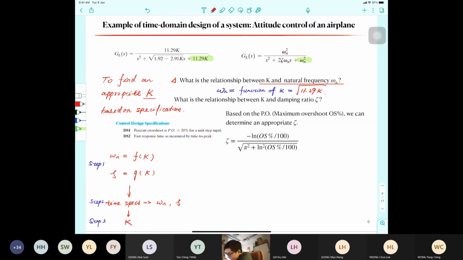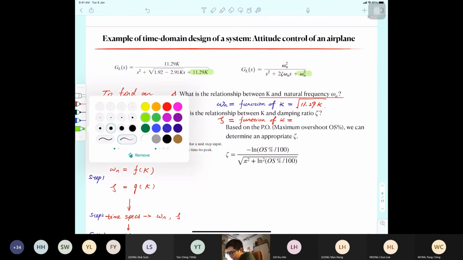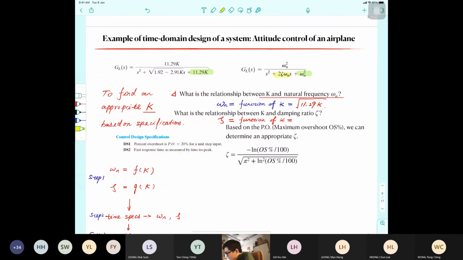What is zeta? Zeta equals to a function of K. What is zeta? Can you find it? I give you 3 minutes to find zeta. We know here 2 zeta omega n equals to this k, right?